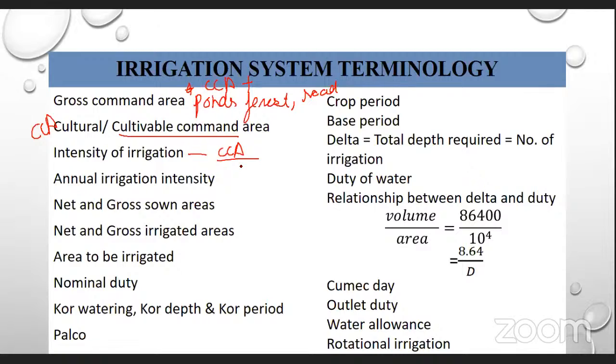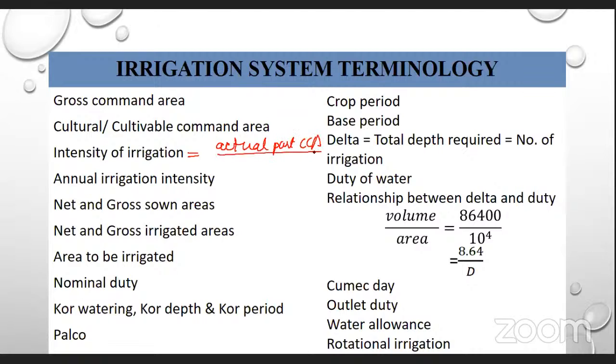So the intensity of irrigation is the actual irrigated area during a crop season divided by the net CCA, the culturable command area. If we multiply it by 100, it will be given in terms of percentage.